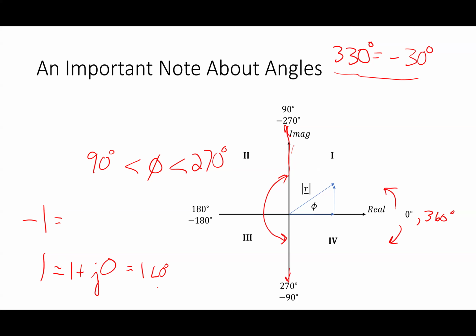How about -1? What's the length of -1? 1. Angle 180. Or -180. It's the same thing. All right. I could use both. Sometimes people forget that.